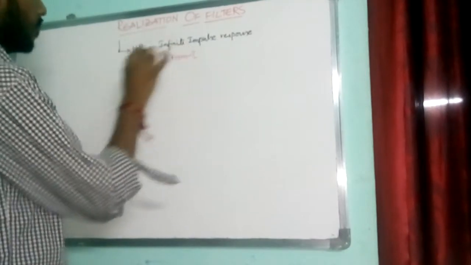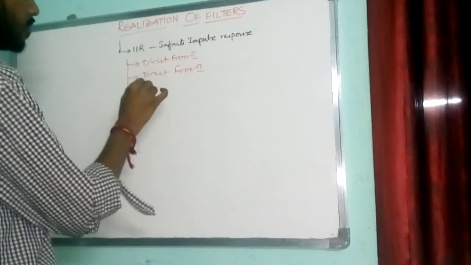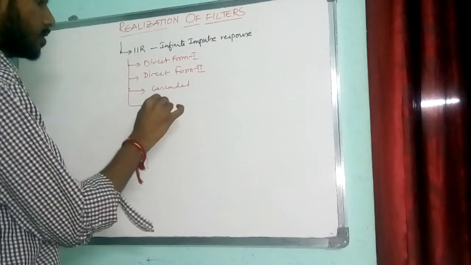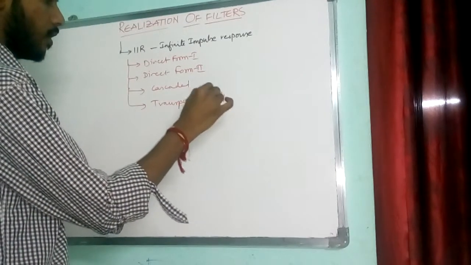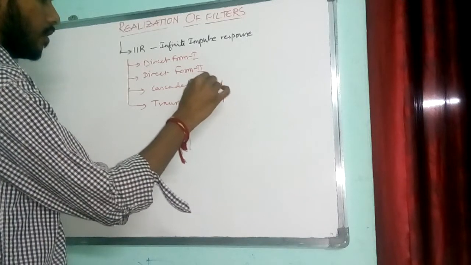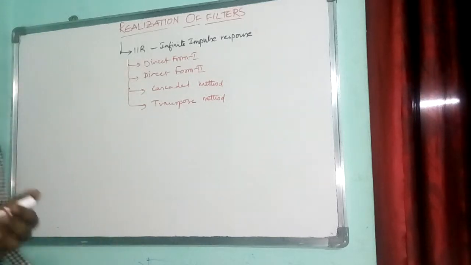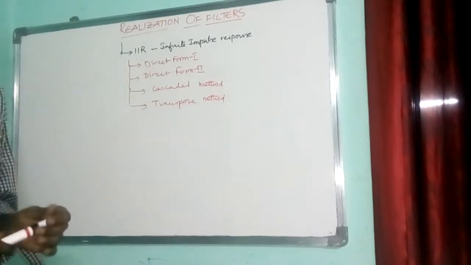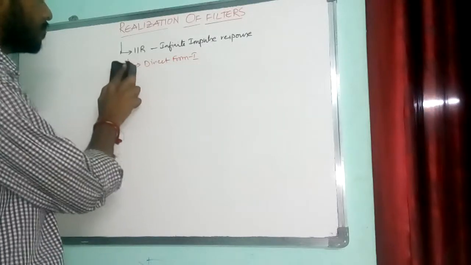First method is direct form 1, second method is direct form 2, third method is cascaded form, fourth method is transpose method. We will see the realization of direct form 1 in this video. In later videos we will see direct form 2, cascaded and transpose methods. Now, coming back to the direct form 1 method.